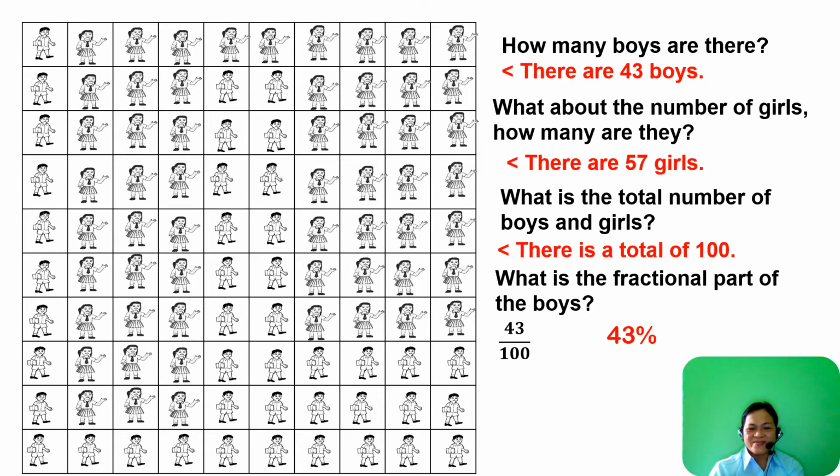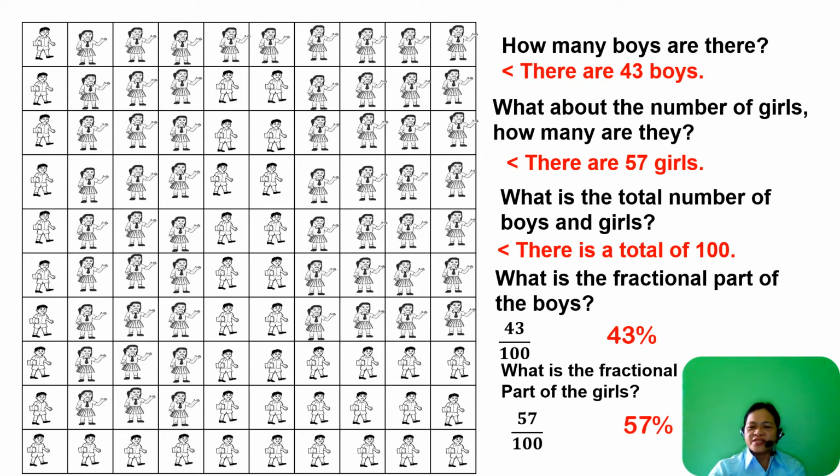Is it clear? So what about the fractional part of the girls? Very good. It is 57 over 100. So how can you write the number of girls in percent? Very good. So we can say that 57 over 100 in percent is 57%.